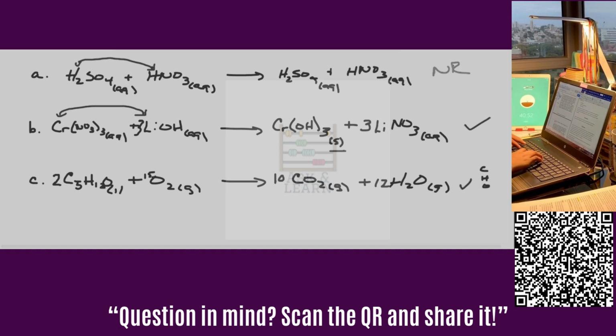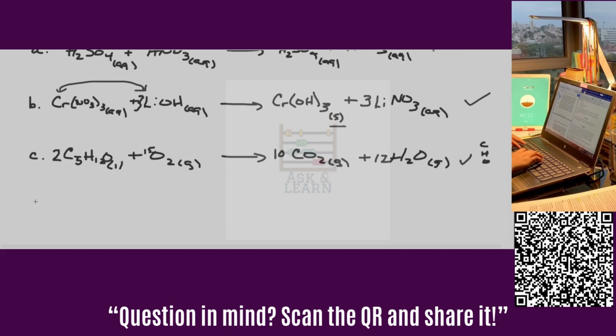Combustions, you can assume, take place. If it's double displacement, we had to check the rules. And finally, if we have some aqueous strontium sulfide, and we have some aqueous copper 2 sulfate, this is double displacement, so we're going to take the 2 cations and switch their places.